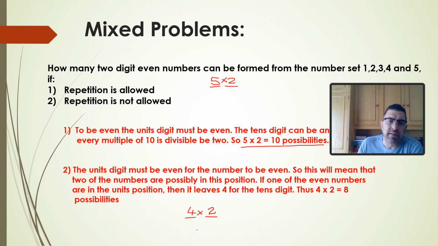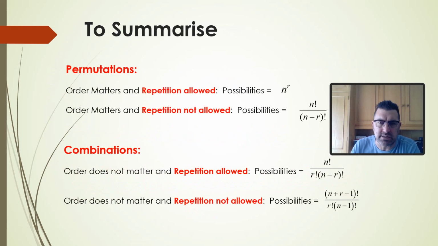If we put the 2 at the end, the first digit can be a 1, a 3, a 4, or a 5. If the last digit was a 4, the first could be a 1, a 2, a 3, or a 5. So the number of options available, if repetition is not allowed, is 8.